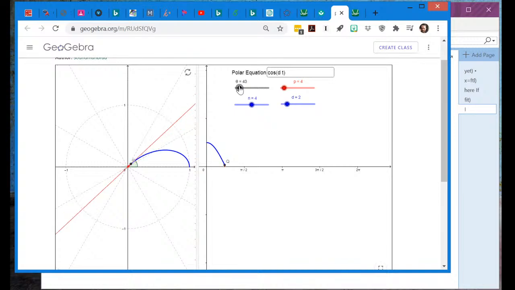Right here at about 45, that'd be 2 times 45, 2 times theta. It says t, but that's theta here. As that gets to 90, that's cosine of pi over 2. Well, cosine of pi over 2 is 0, so now my radius is 0, and I'm stuck at the origin here because my radius would be 0.